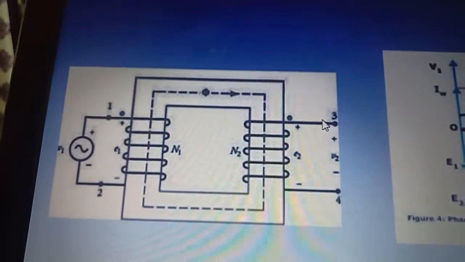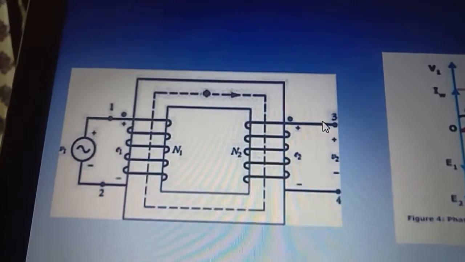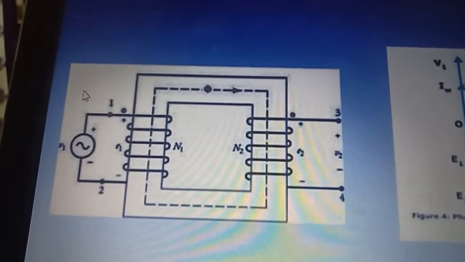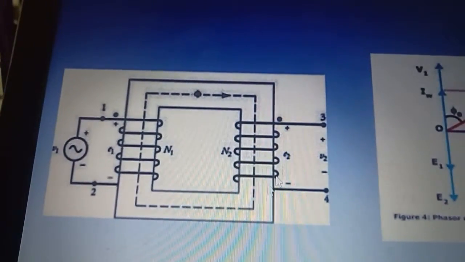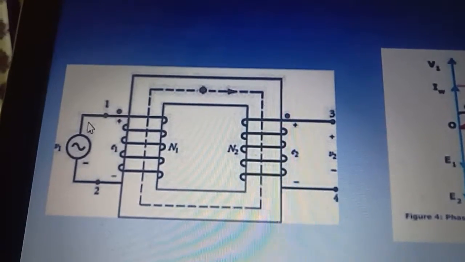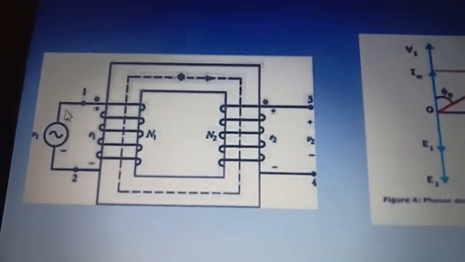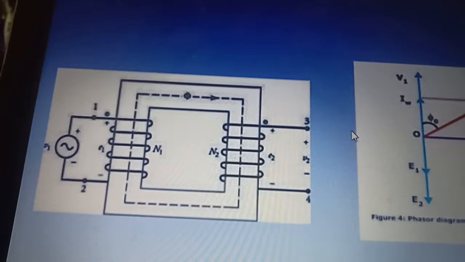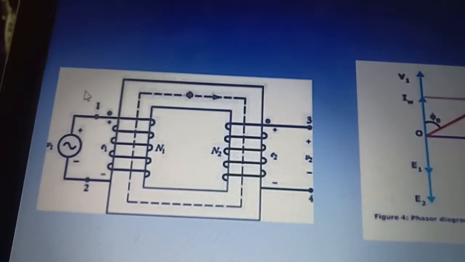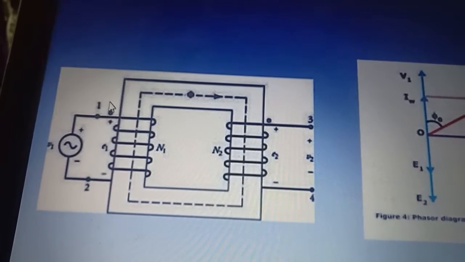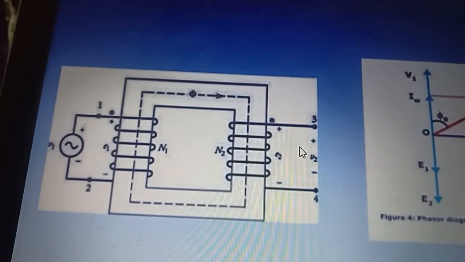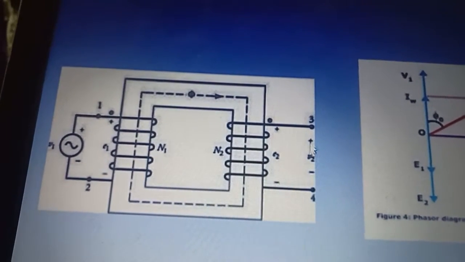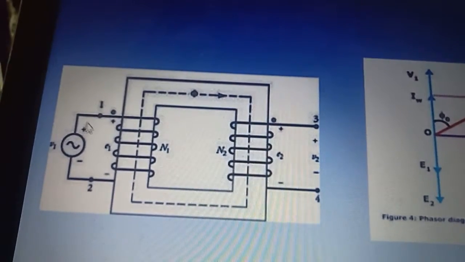If current flows to the secondary winding, the required flux should be taken from the primary supply only. Whatever the energy, it should come from the primary itself. Understood? So suppose load connects here, some current increases in the primary compared to the no load condition.